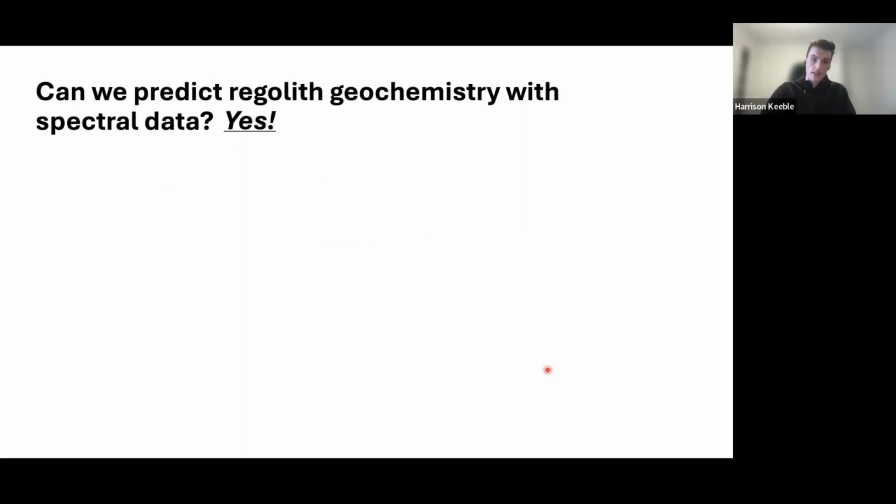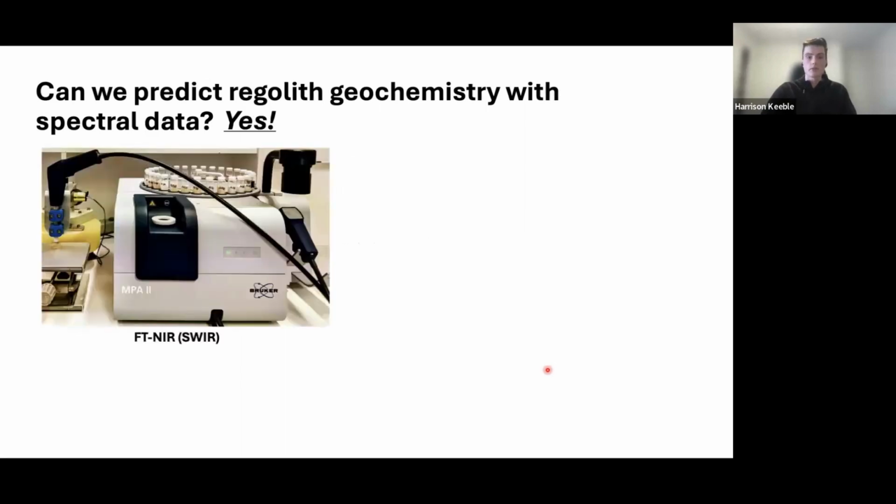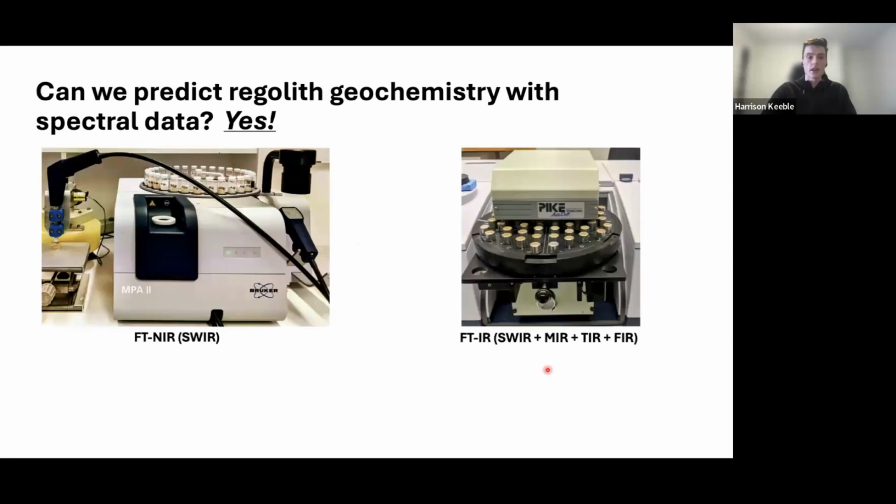The short answer is yes, it's very possible. We did that with two different techniques. We first analyzed with the FTNIR, which measures the infrared spectrum in the SWIR, and then the FTIR, which measures the spectrum across the short, middle, thermal, and far infrared combined.